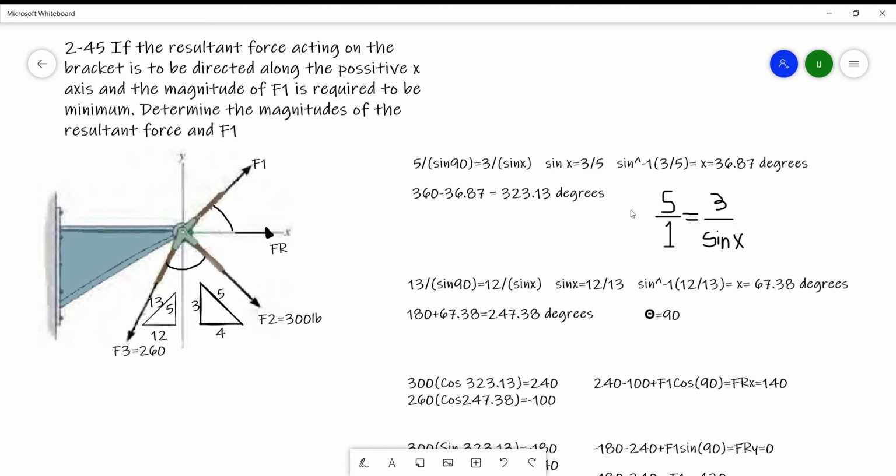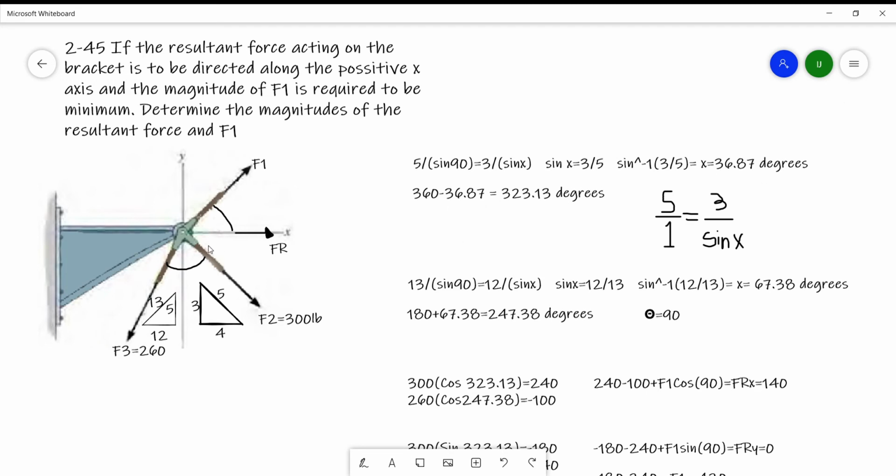Now with that, I can use the inverse of sin in order to get my x, which is sin to the power of minus 1 of 3 divided by 5, equal to my x. It's going to be equal to 36.87 degrees.